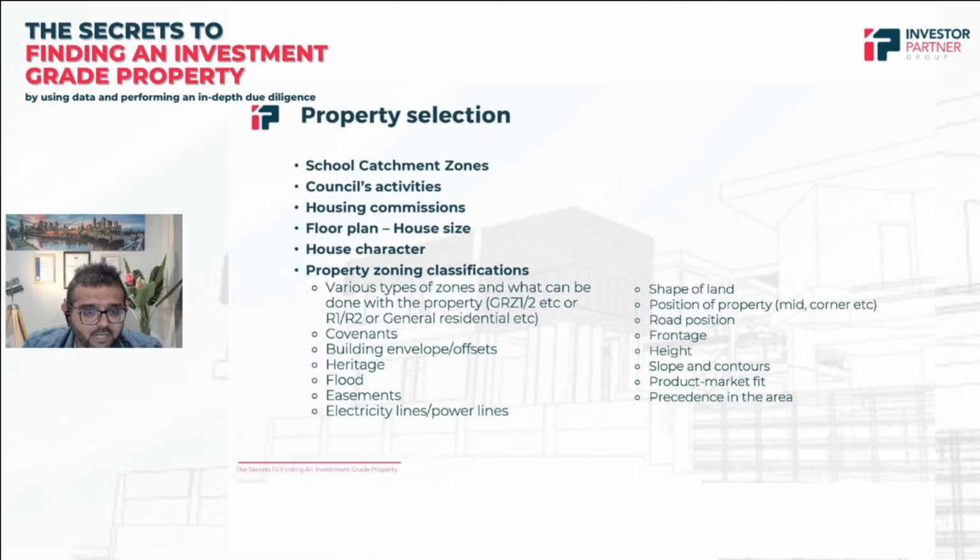Okay. Shape of the land. When it comes to shape of the land, deciding what can be done with the land is quite the key. So stay away from weird shapes. Always understand what the building envelope allows you to do when you're understanding the shape of the land. It goes hand in hand with size of the land. The size of the land is basically proportional to the location and the position of the land.